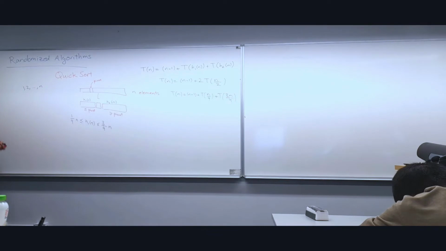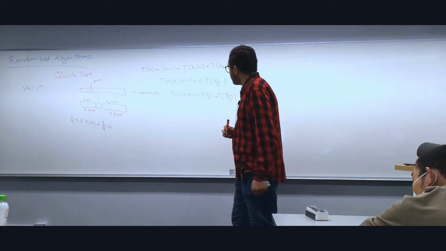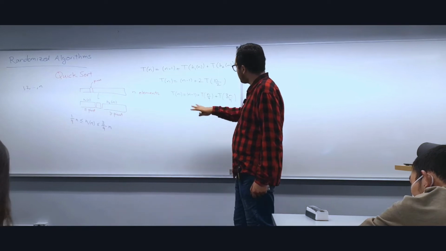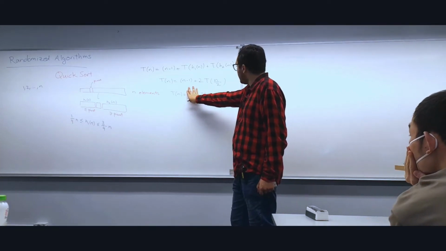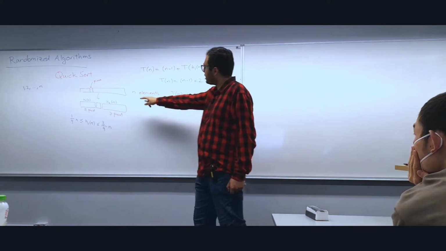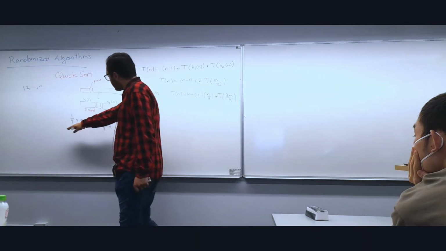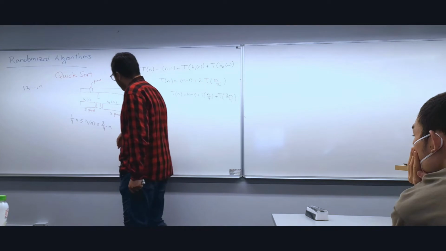Okay. So now if I want to analyze my runtime, forget about this part, which is the number of comparisons that we're doing here. In any case, I'm going to break this array down into 2 arrays, where the size of each array is at most 3 times the other one.